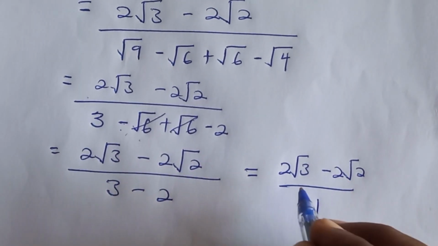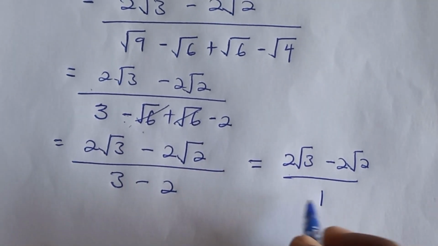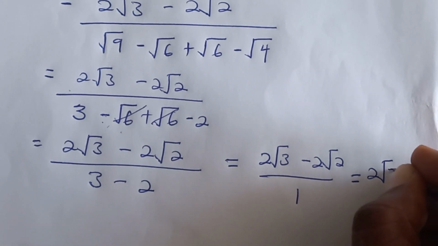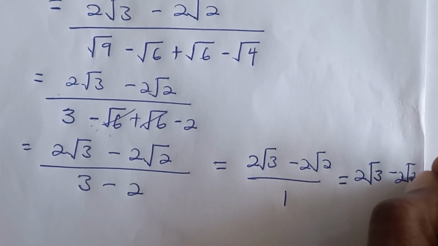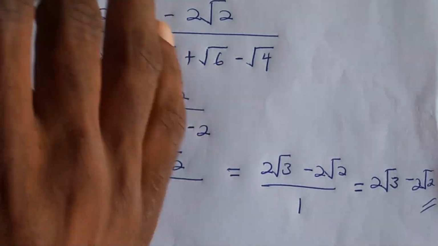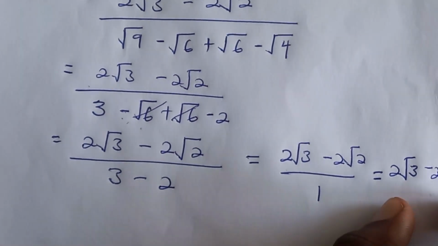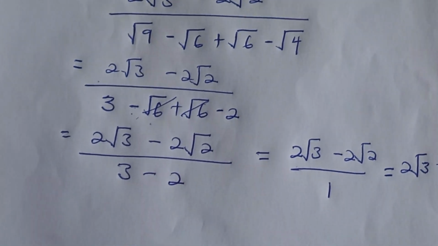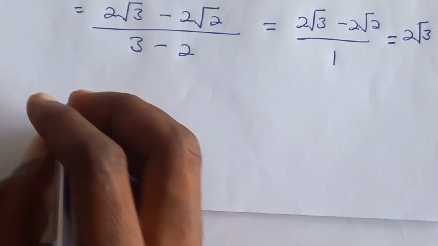And 2 root 3 minus 2 root 2 on 1 is the same as 2 root 3 minus 2 root 2. Good. So this is our answer for the said question. This is the simplified form. Good. So I'll urge you to try this.